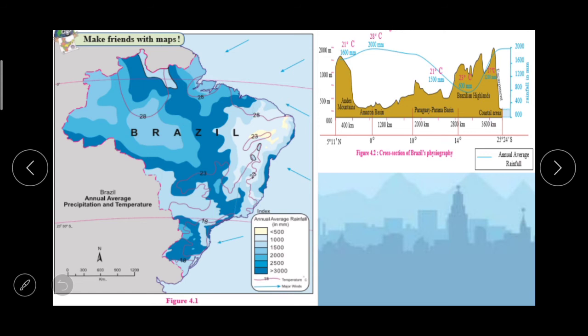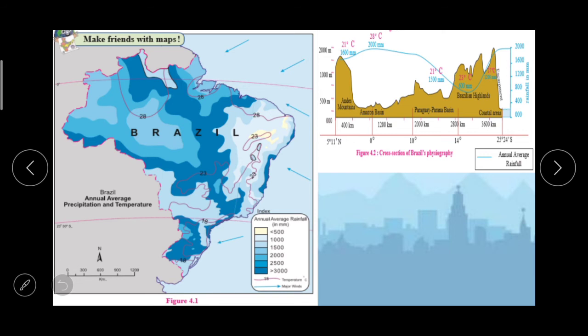Correlate these winds and rainfall. In which part of Brazil is the average temperature low? Identify the rain shadow area in Brazil and describe its climatic characteristics. In which region do you find a higher temperature?